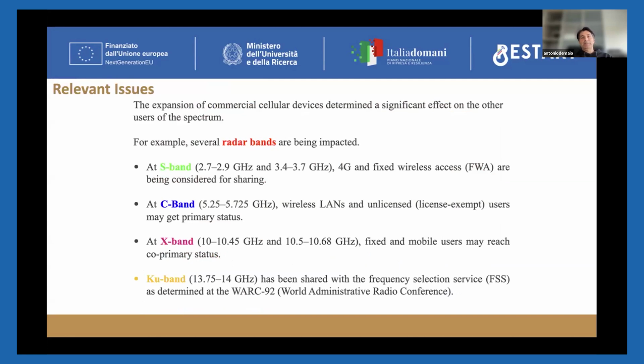Here are some examples where the spectrum congestion is a serious concern. Radars that perform ground foliage penetration or take advantage of ionospheric propagation to look beyond the horizon, they tend to operate in frequency intervals below 1 gigahertz, typically HF, VHF, and UHF frequencies.